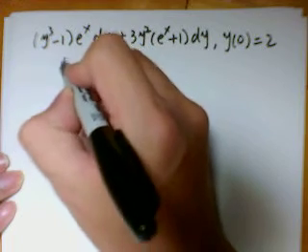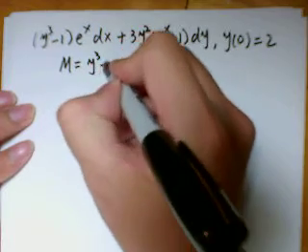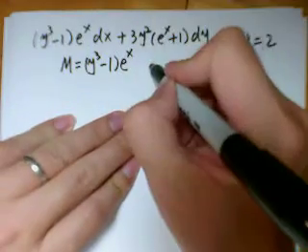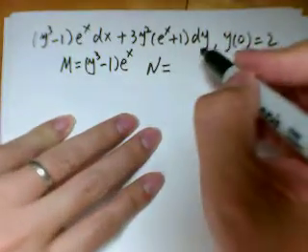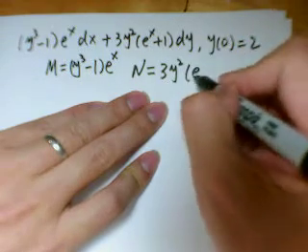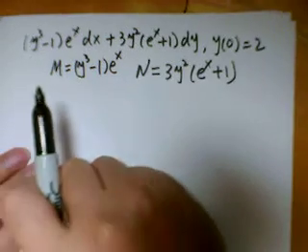Here we have M equals y cubed minus 1, times e to the power x. N equals 3y squared e to the x plus 1.